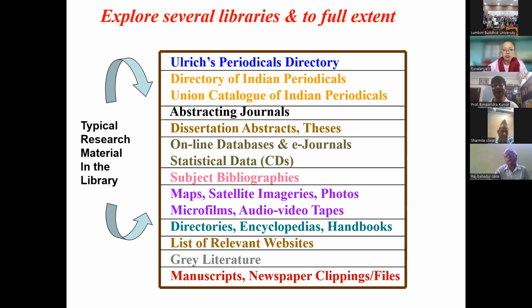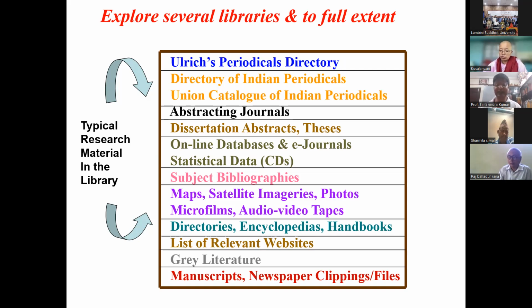So these are our sources for the literature search, and abstracting journals also. Sometimes the research papers published in the journals are abstracted or reviewed by scholars, and they are published. So they also become a source for our literature search.